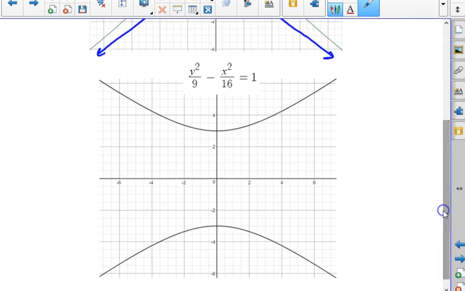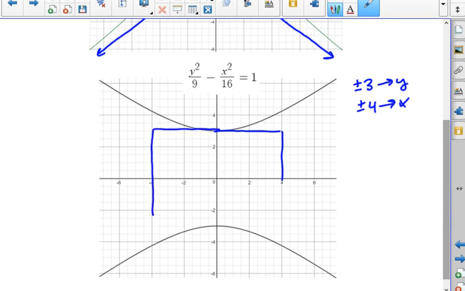So notice this one, same box and asymptotes. It's still going to go plus or minus 3 in the y direction. It's still going to go plus or minus 4 in the x direction. So we're still going to see the same size box that we had before. A little sloppy there.